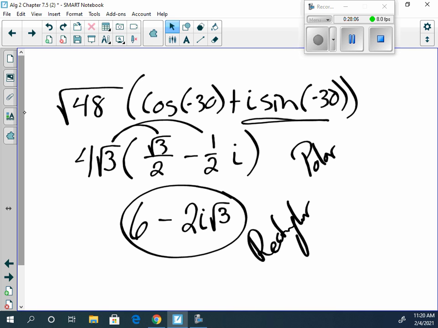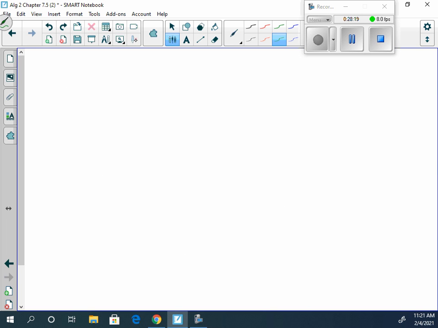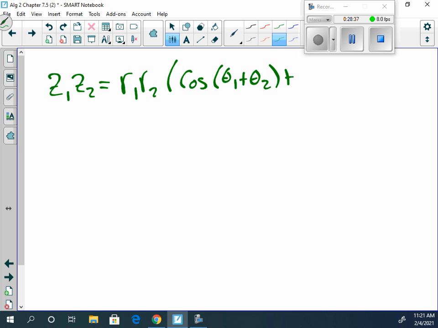So product, which one do we want to look at? Not R1, R2. If we have two vectors, z sub 1, z sub 2, being multiplied together, we get this here.